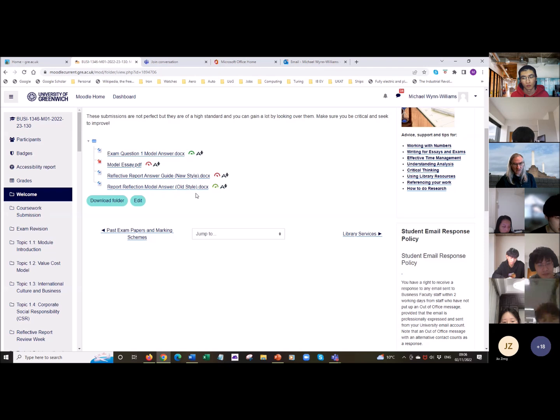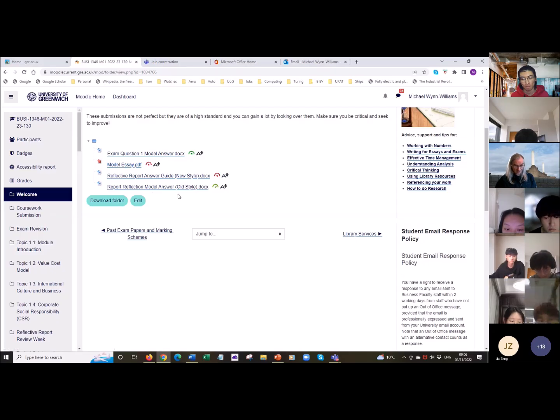So what I've done is combine the reflection report with the essay, or part of the essay. Yes, there is the theory side of the essay. So I've left the old style reflection report and the old style essay answer so that you can refer to them.